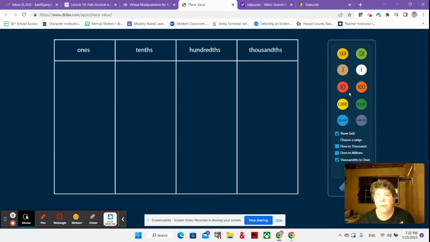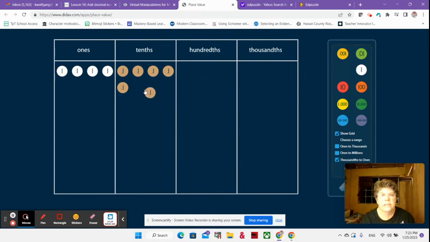We have 4, right? So I need ones because that's how I model 4. 1, 2, 3, and 4 in the ones column, and then 6/10. So I'm going to get my tenths and put them in the tenths column. 1, 2, 3, 4, 5, 6.